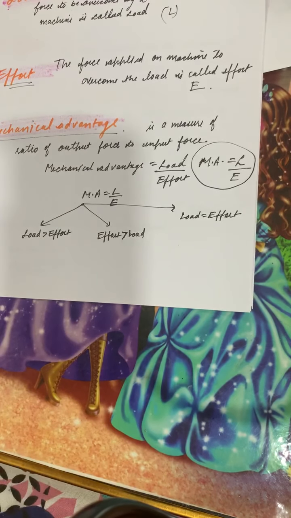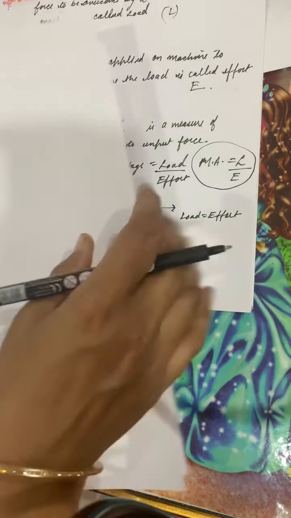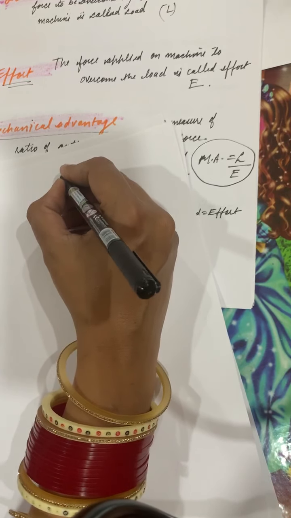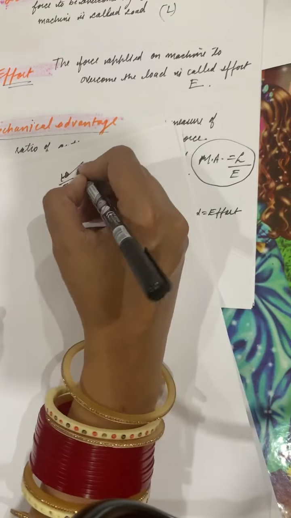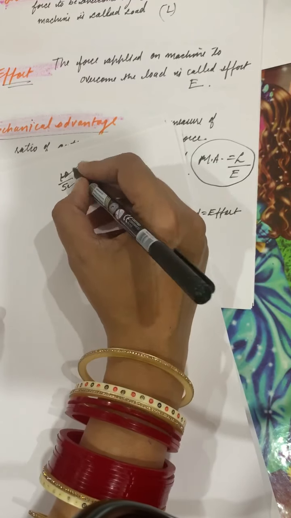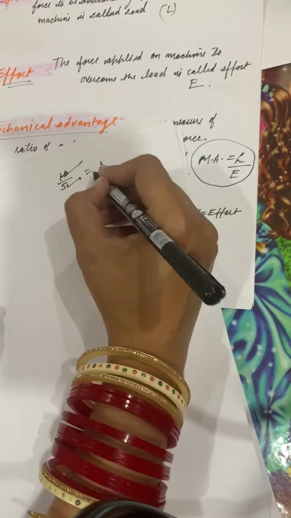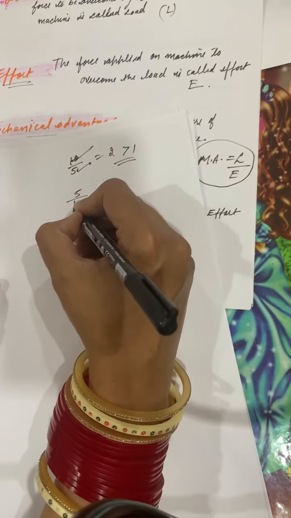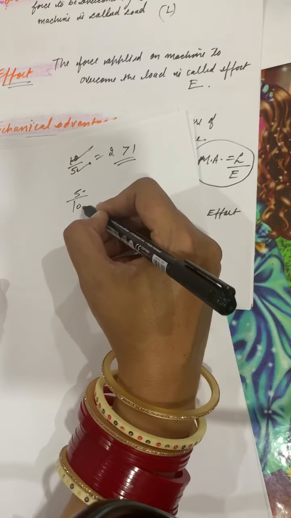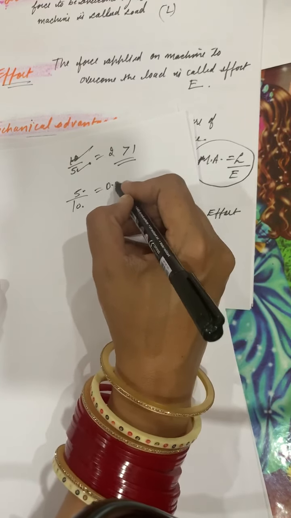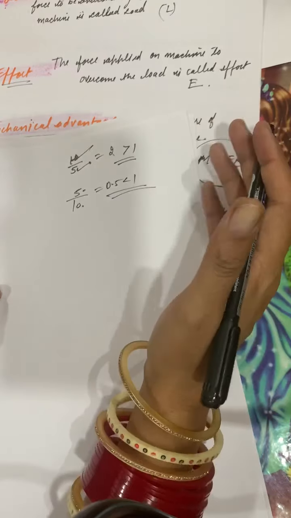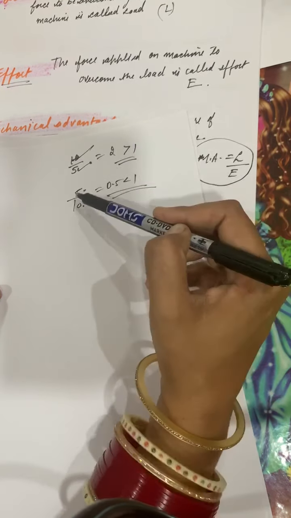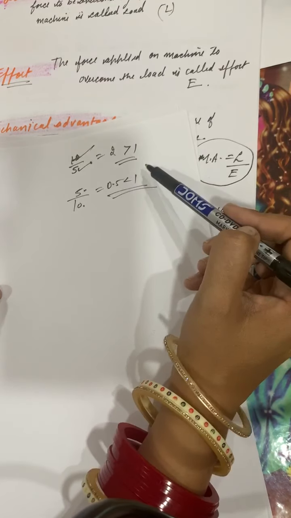Like in mathematics, if it is 10 by 5, the numerator is more than the denominator, and when we divide it I get 2, which is greater than 1. If it is 5 by 10, the numerator is smaller than the denominator, and I get 0.5, which is less than 1. This is a very simple thing. If the numerator is more than the denominator, the value will be greater than 1. If the denominator is more than the numerator, the value will be less than 1.